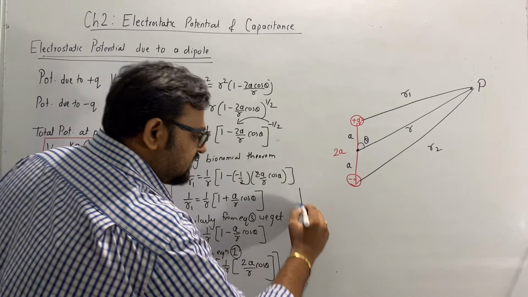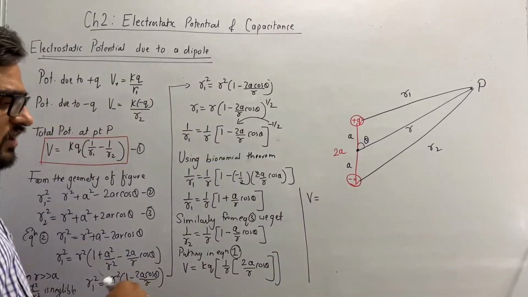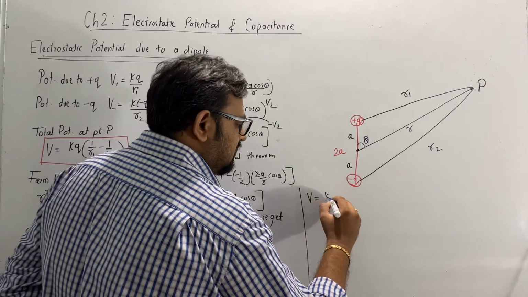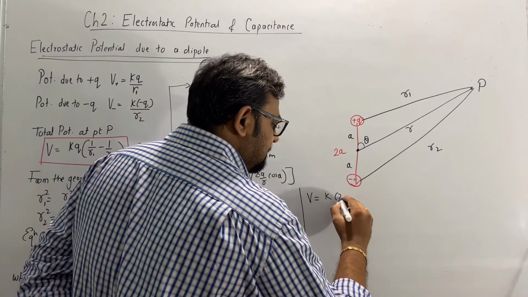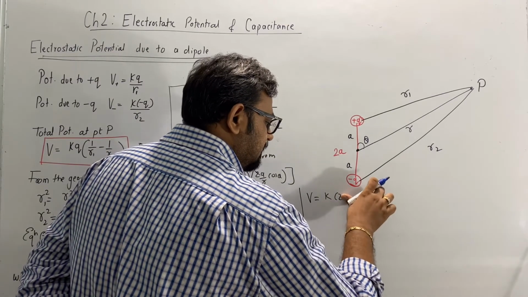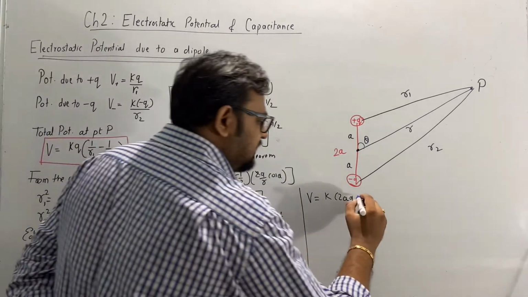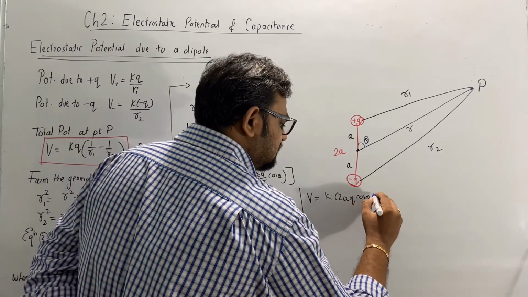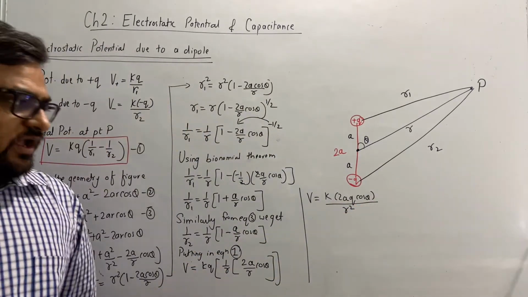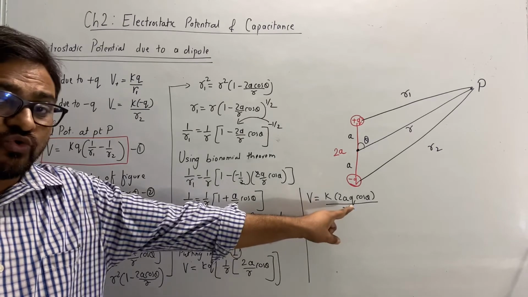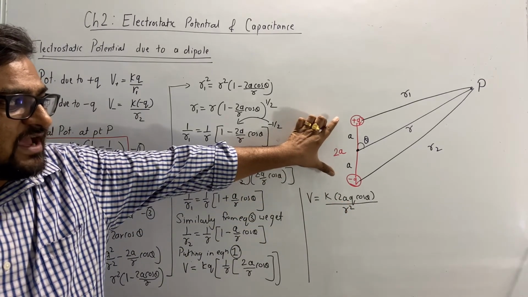So see what I got. I got V equal to K 2aQ cos theta by r square. Okay, so what is 2aQ? Product of the distance between two charges and the charge is the dipole moment.